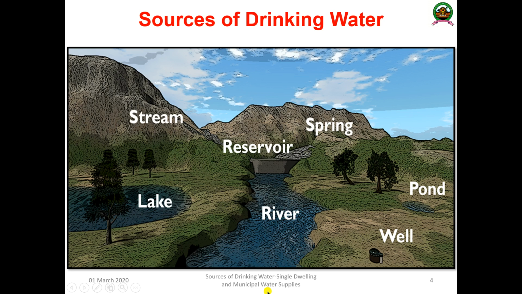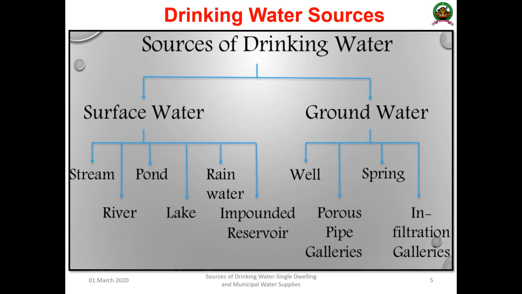And this picture indicates the major sources of drinking water. In one view you can see the river, reservoirs, springs, pond, wells, stream, lake, etc. So these are the natural sources of water. When we talk about drinking water sources, they can be classified into 2 groups, the surface water and the ground water.